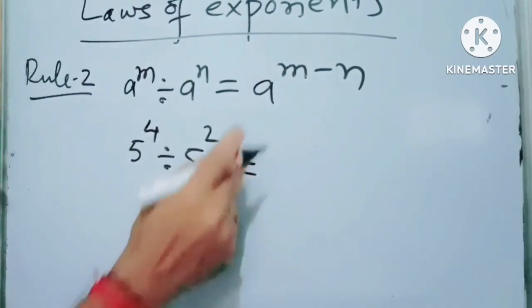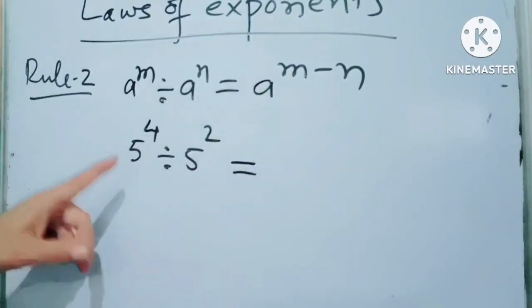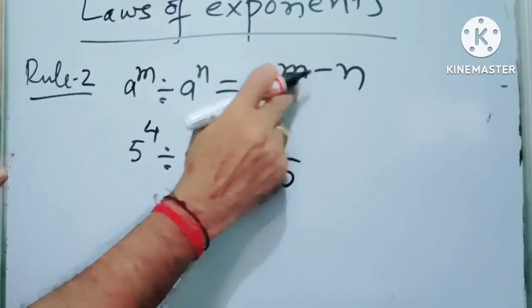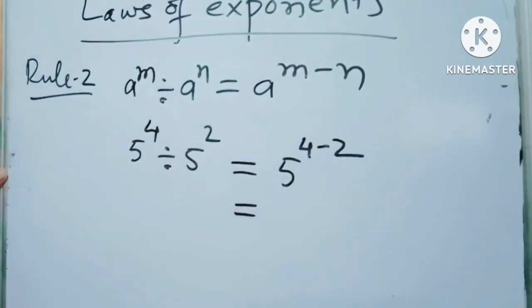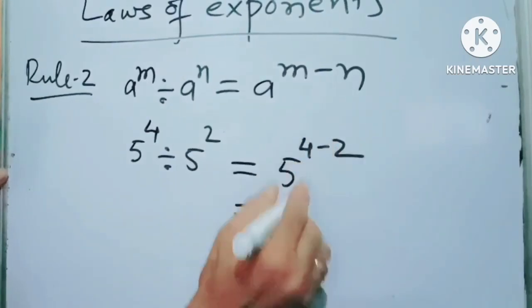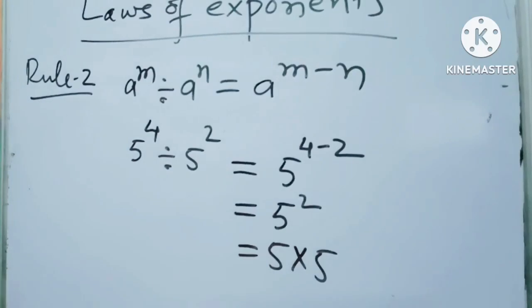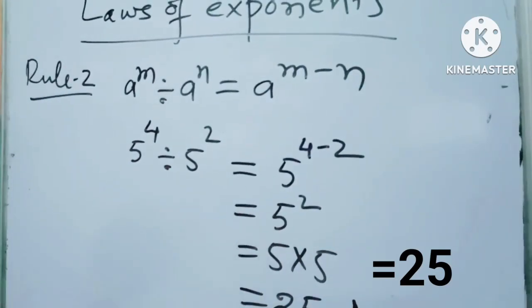So if there is the same base, we write the base one time, so 5, and minus for the powers, 4 minus 2. So 5 to the power, if we subtract, 2 will come. Then 5 is multiplied by itself 2 times: 5 multiply 5. That means 5 5s are 25. This is the answer.